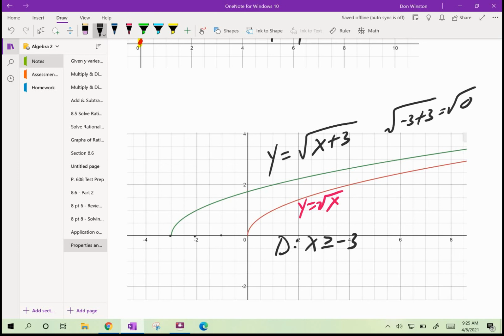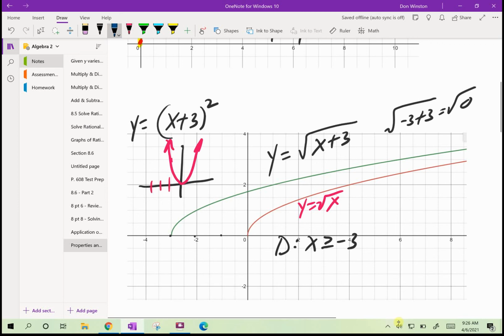And recall transformations of the quadratics: if I had x plus 3 squared, that was a parabola, and remember that shifted the graph. If this was y is equal to x squared, x plus 3 squared shifted the vertex over 3 units, 1, 2, 3. Again, the transformations work the same.